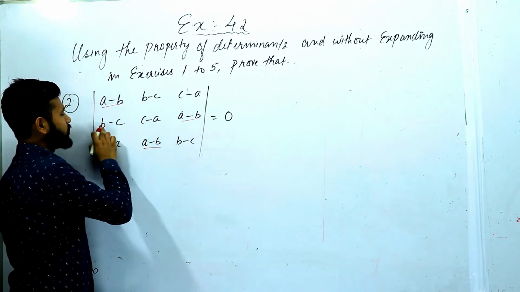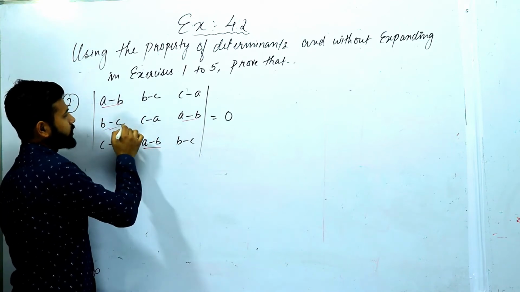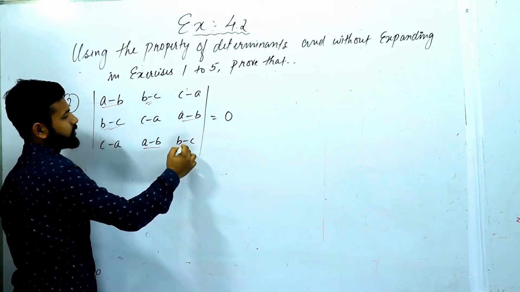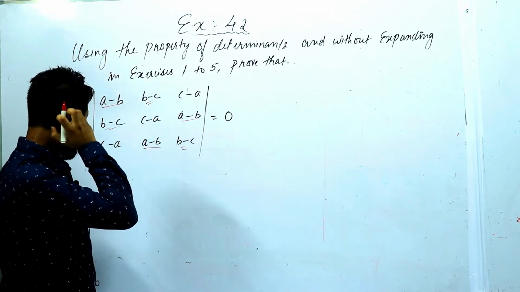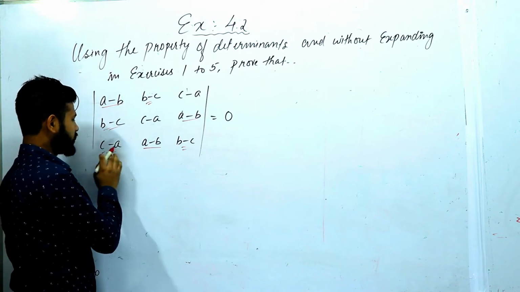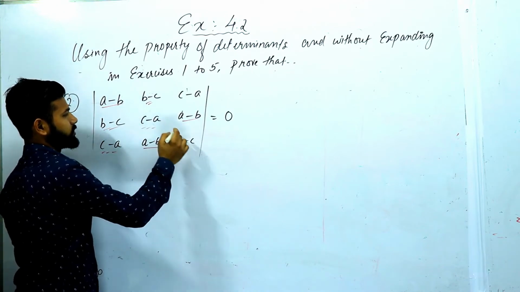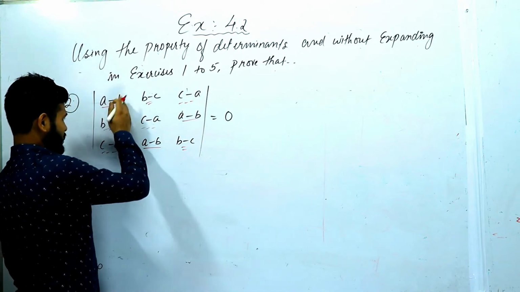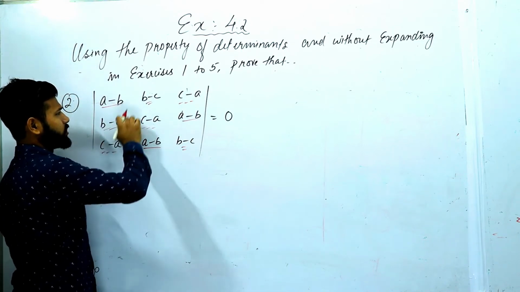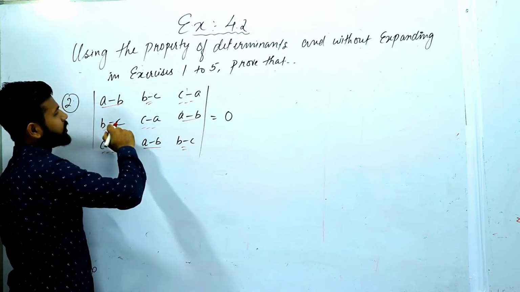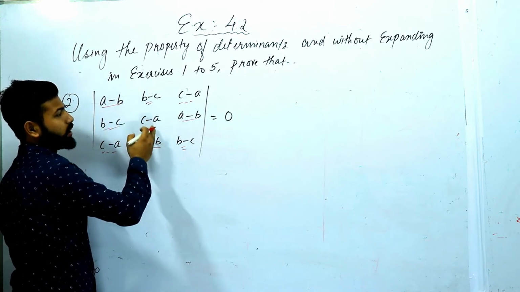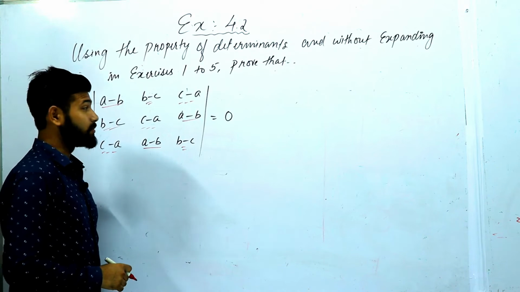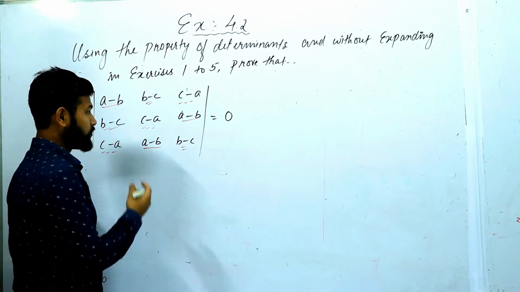The second element is b minus c, present here, here and here also. The third is c minus a, here also c minus a, here also c minus a. That means whatever elements are present in the first column, the same elements are present in column 2 and column 3. This is the similarity we have observed.